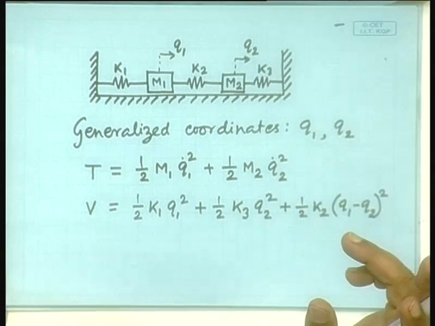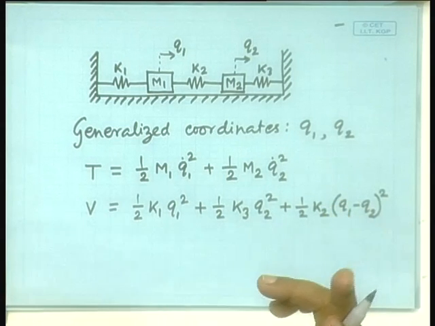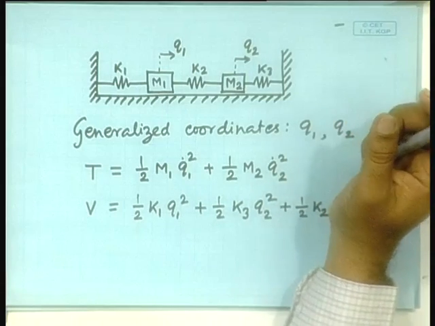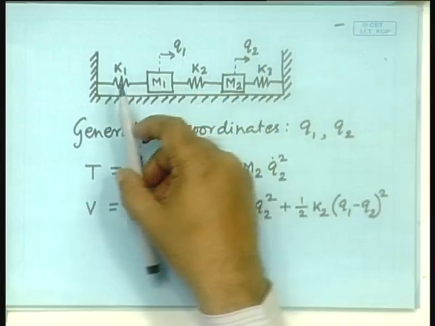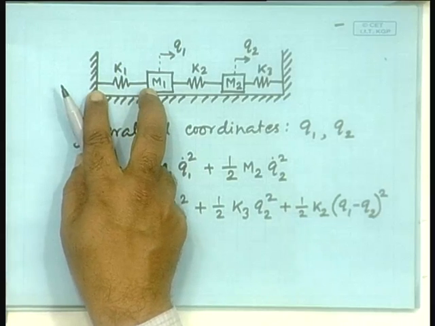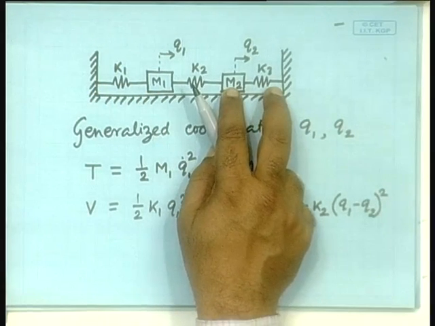Any question? So, we have taken q1 and q2 from which datum? Here there is a question. Let us, for the sake of simplicity, assume that for this spring q1 is measured from its unstressed position, and for this spring q2 is measured from its unstressed position.